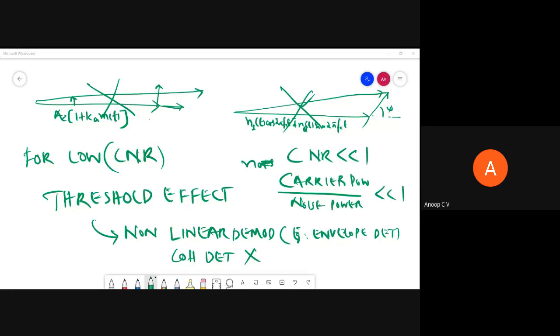Is it visible? Can anyone give me feedback? Is it only me who can't see? Shreyas says it's very blurry. Thank you for the feedback.